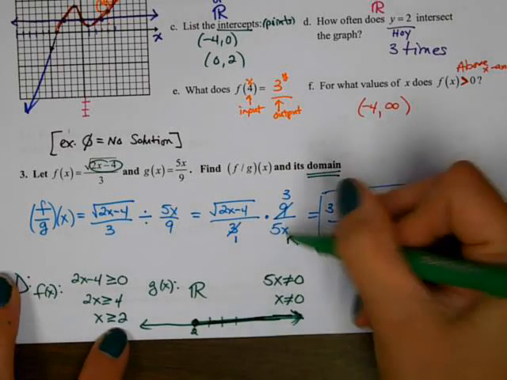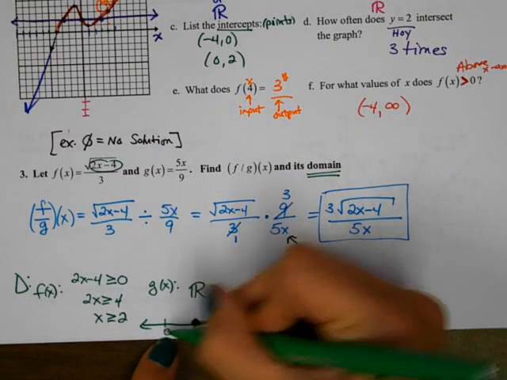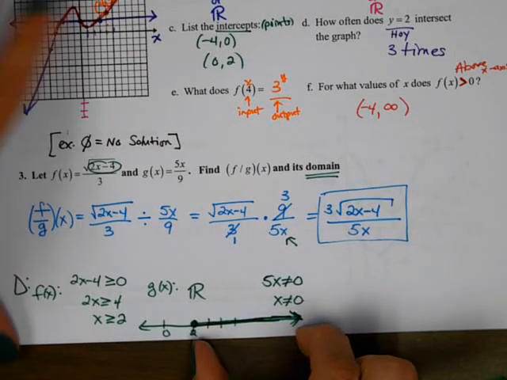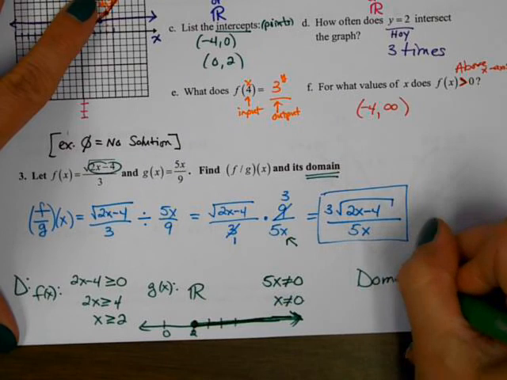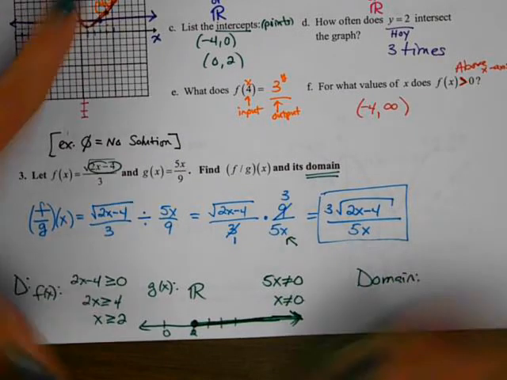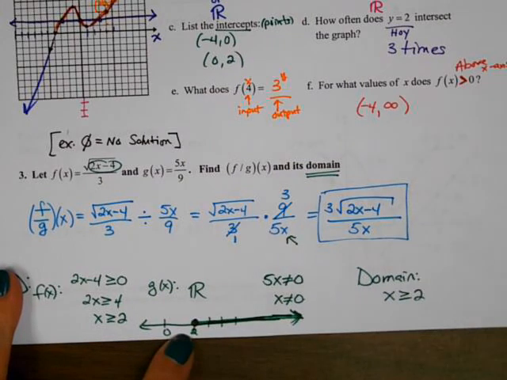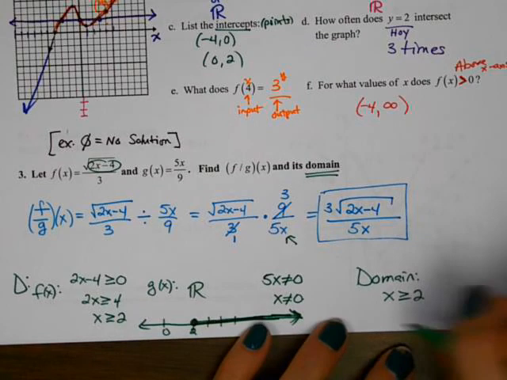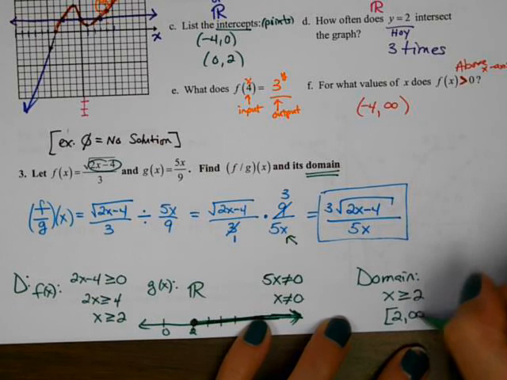And then this restriction says don't use 0, but since 0 is way over here, I'm not planning on using him anyway. So let's combine all these answers to make an overall domain of numbers that start at 2 and are greater than 2. You can state your answer like this, or you could state your answer as bracket 2 to infinity.